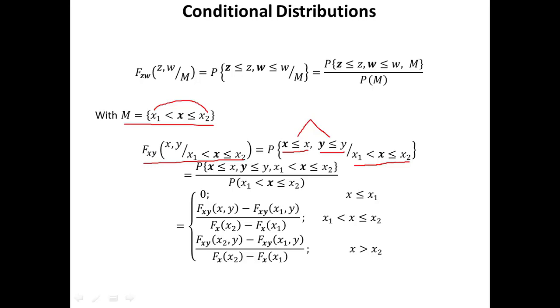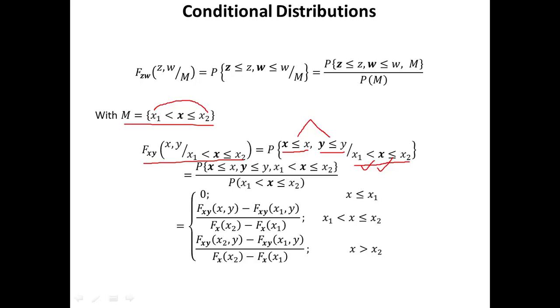If we again use Bayes theorem, we will get the numerator as the probability of the intersection of three events. The first two events are the same, X less than or equal to x and Y less than or equal to y, while the third event is x1 less than X less than or equal to x2. So the numerator is the probability of X less than or equal to x, Y less than or equal to y, and X between x1 and x2, divided by the denominator, which is the probability of the event x1 less than X less than or equal to x2.